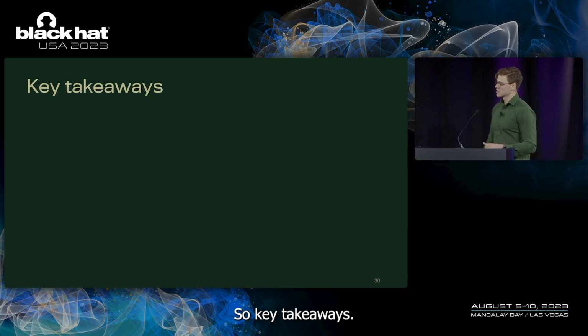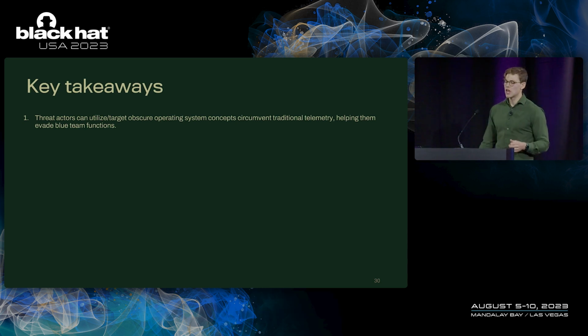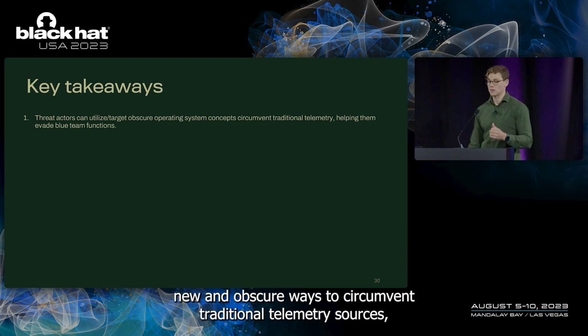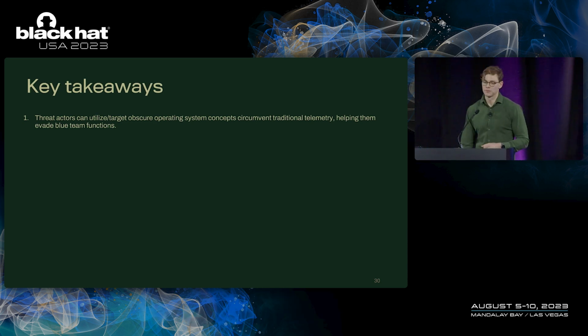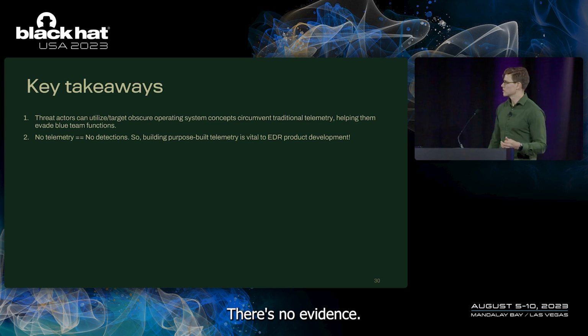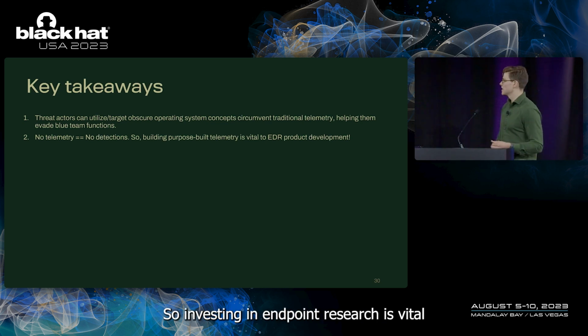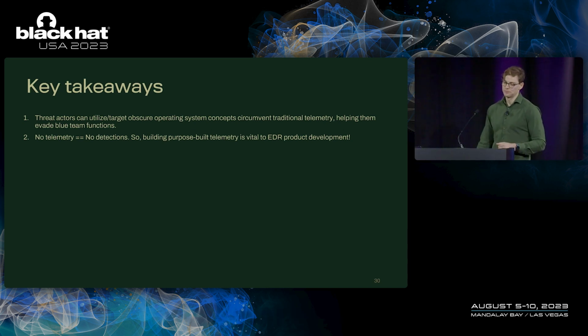So key takeaways. One, attackers are sometimes going to find and leverage new and obscure ways to circumvent traditional telemetry sources. And this increases their likelihood that they remain undetected by blue teams. Two, if there's no telemetry, then there's no data, there's no evidence, and there's no detections to be had. So investing in endpoint research is vital for EDRs to remain relevant and effective.